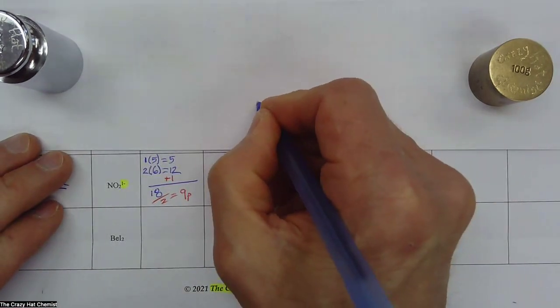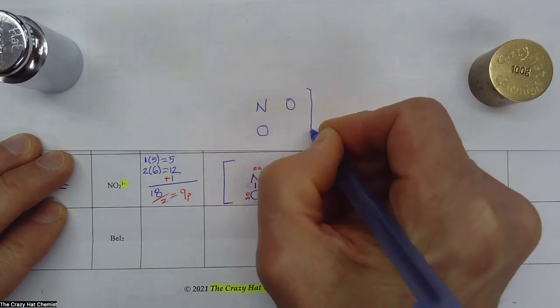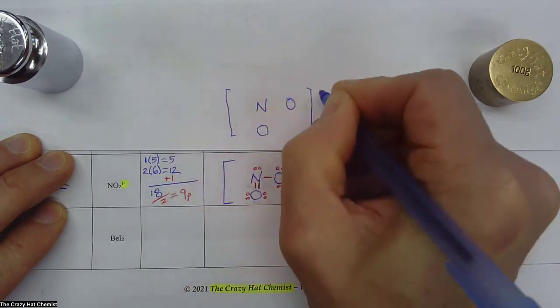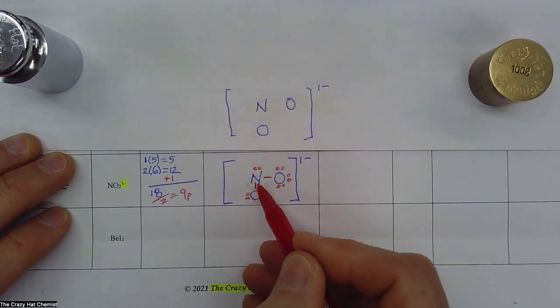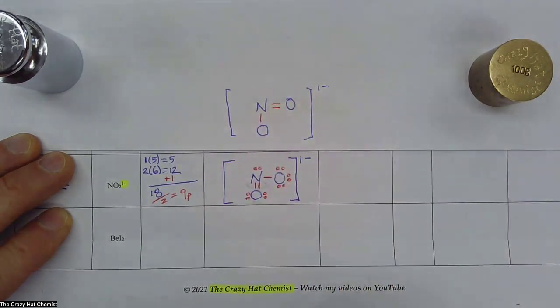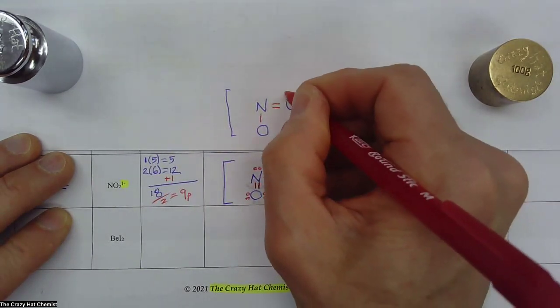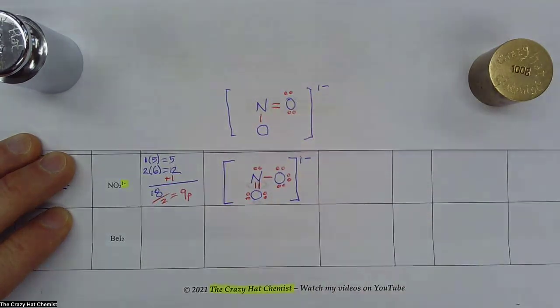Well, I'll put the atoms in the same orientation, okay? And I'll put the brackets around it, just like what we had before, and the charge. Instead of placing the double bond here on the 6 o'clock position, I'm going to place a double bond on the 3 o'clock position. Okay, that double bond will have two sets of lone pairs on that double bonded oxygen.